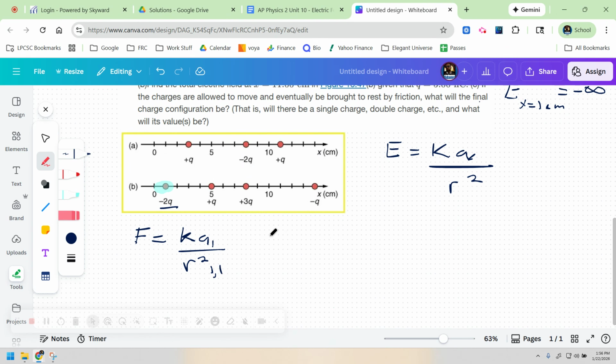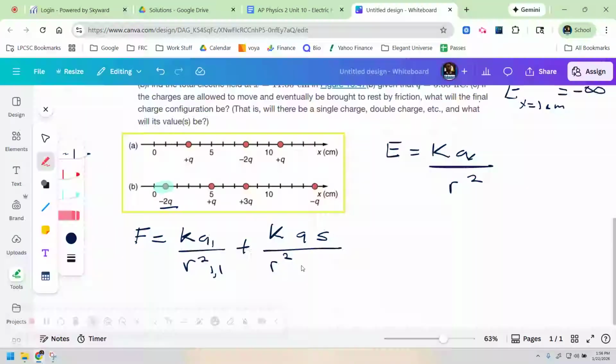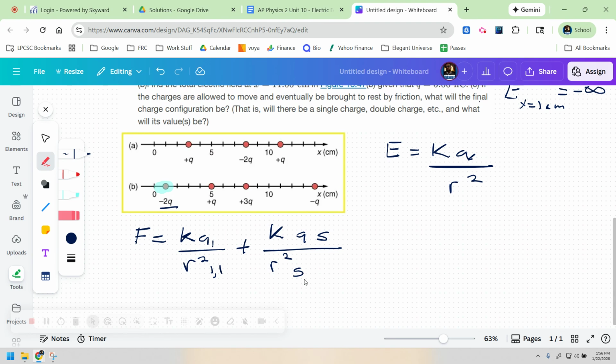Okay, plus the capital K Q5 all over the radius between 5 and 11, right?